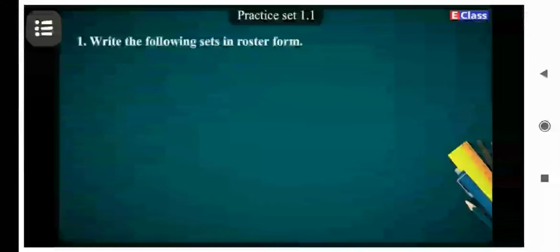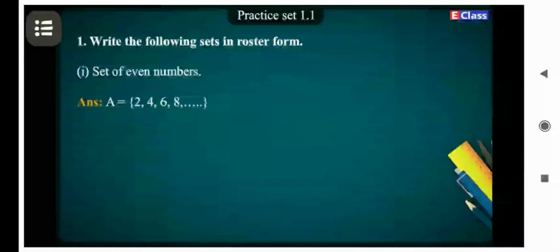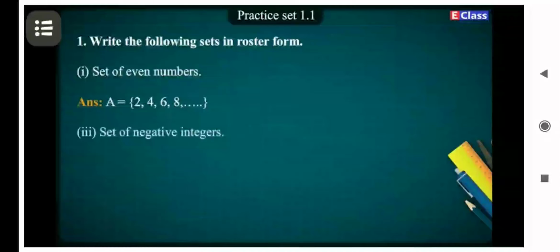Practice set 1.1. 1. Write the following sets in roster form. 1. Set of even numbers. Answer: A = {2, 4, 6, 8, and so on}. 3.